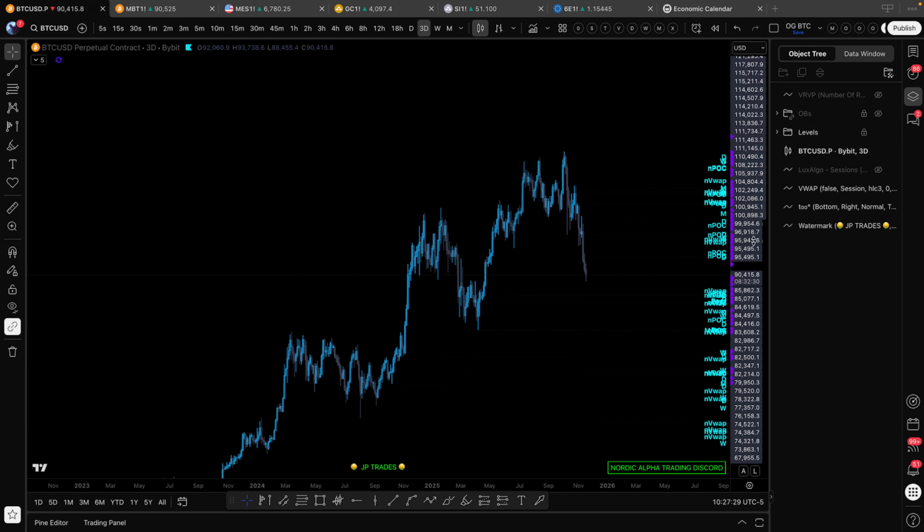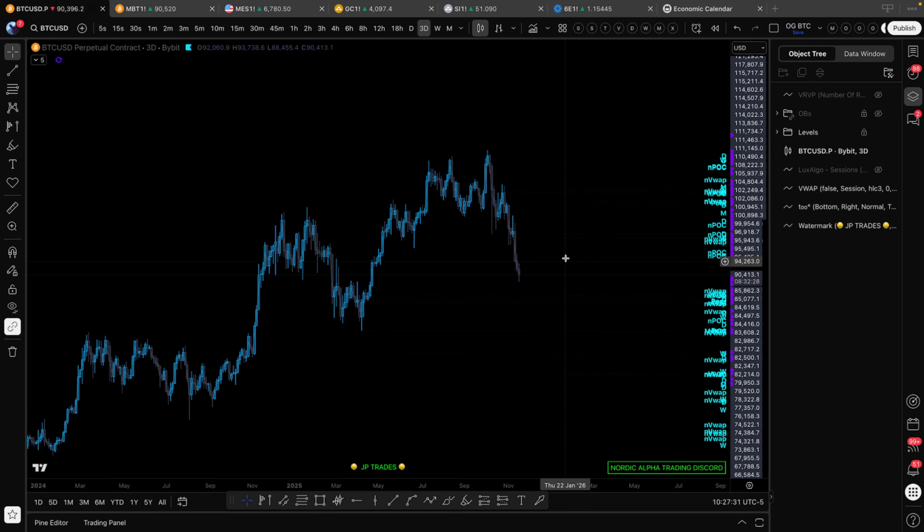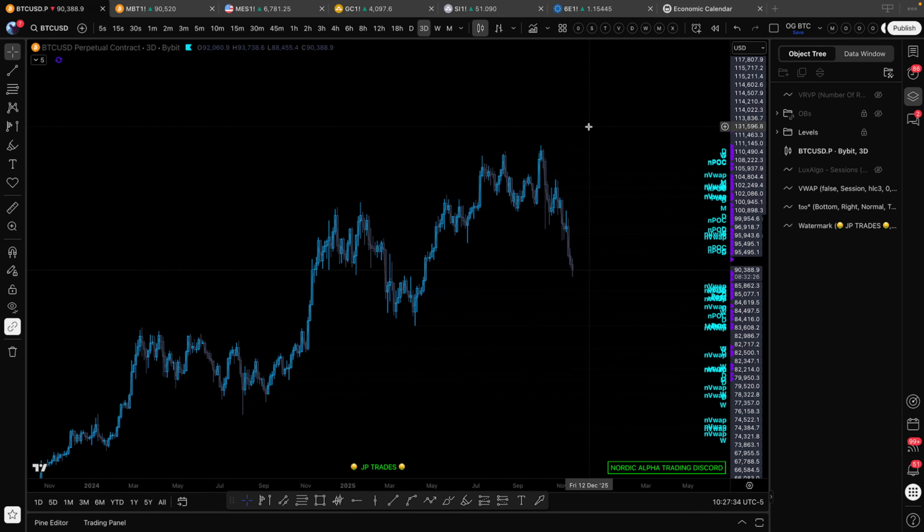I will update this as we go along and update y'all on the Discord for any changes to what I'm seeing. I'm expecting probably this weekend into next week, we should get some valuable data here on the charts and have a better idea of where we are in this area.